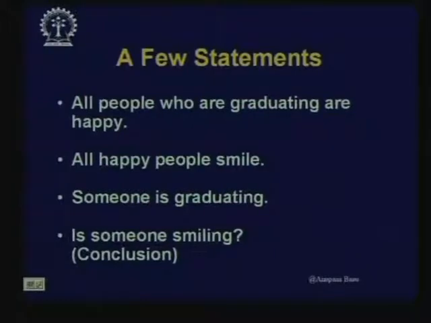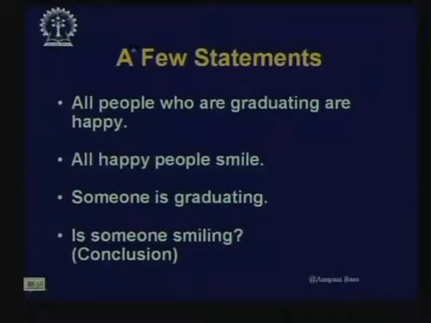That means there is at least one person who is graduating, and anybody who is graduating is smiling. So, is someone smiling? Should be yes, that someone is smiling should be proved from common sense. However, a computer will not apply common sense in that way. It needs a mechanical procedure by which the same reasoning can be carried out.